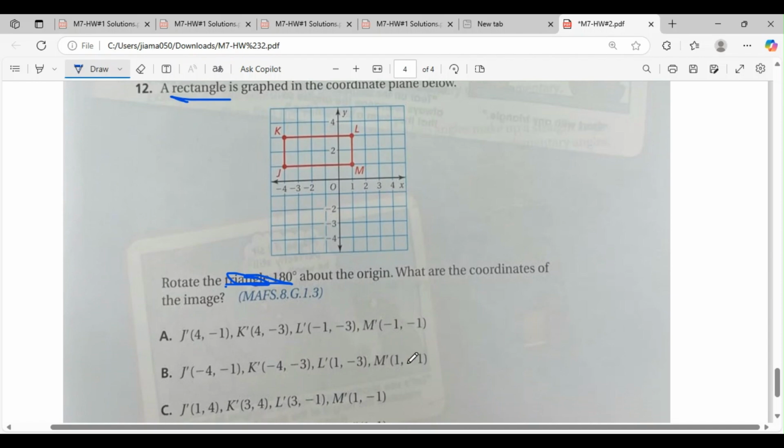Rotating the rectangle 180 degrees around the origin means changing the x and y of each point to the opposite number. Okay?